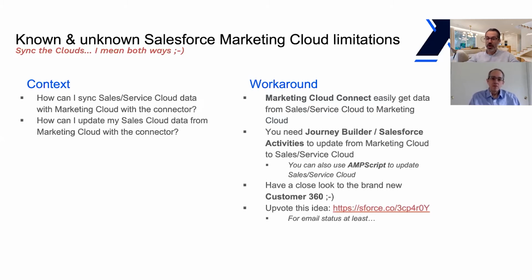Or you can also vote for this idea to help synchronize information both ways. The idea I've listed here is strongly focused on the email status, but if Salesforce delivers something, for sure they will also increase the capability around synchronization.